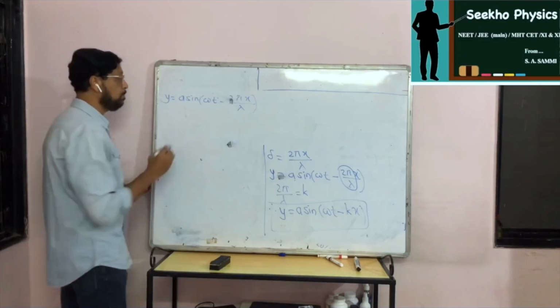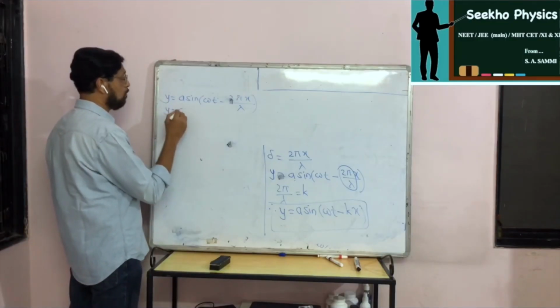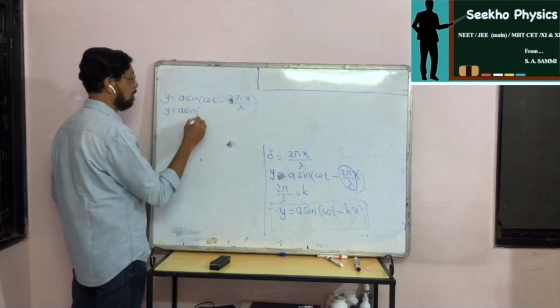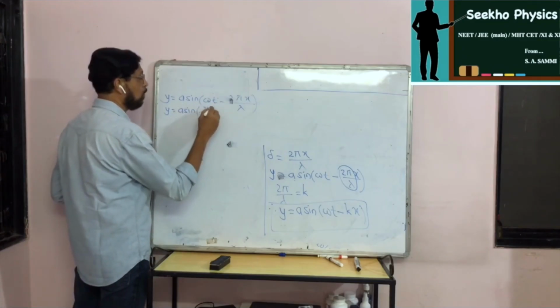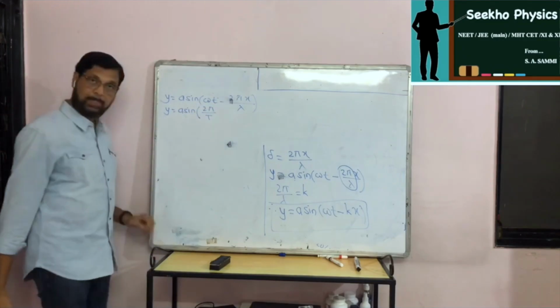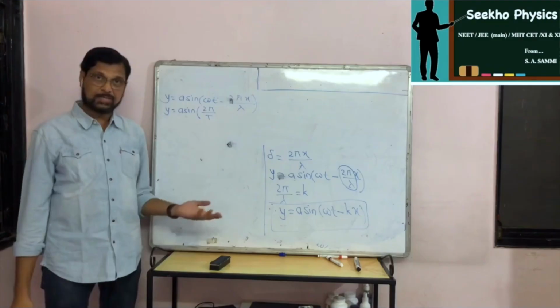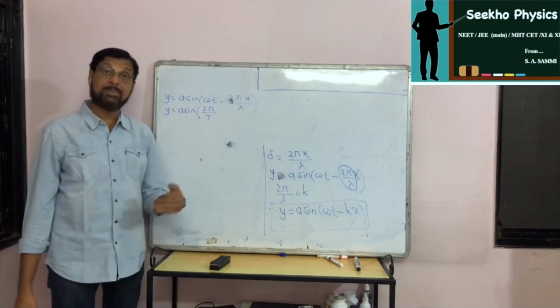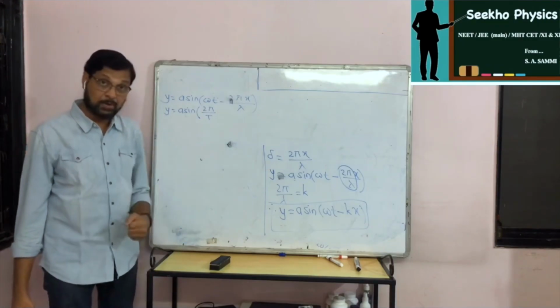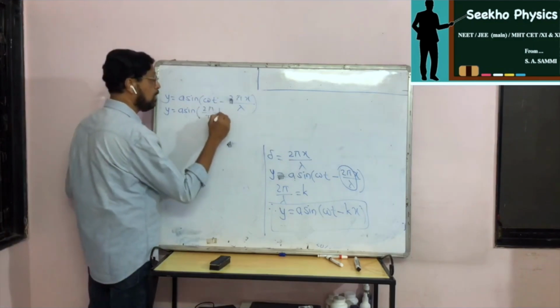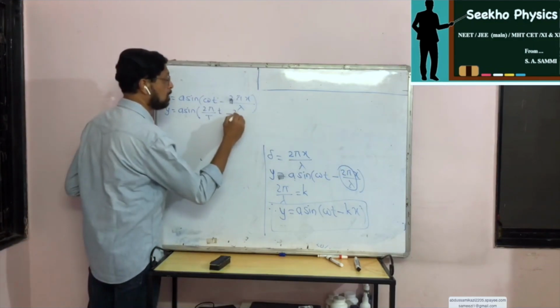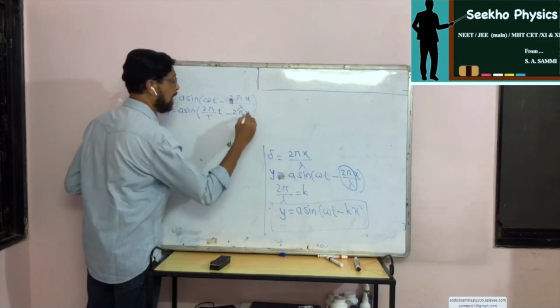Another form will be y is equal to a sine omega, where omega is 2 pi by capital T, isn't it? Omega is 2 pi n or 2 pi by capital T. We have seen this in oscillation. राहिला काय, small t minus 2 pi x by lambda.